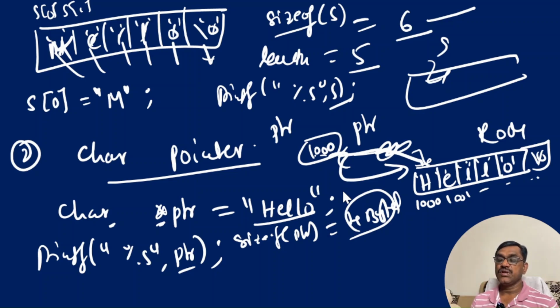That is very, very important. But when you use the character array, you can easily modify. Character pointers cannot be modified. Once it is defined, that's all. It is stored in the read-only memory and it cannot be updated. Carefully observe this. This is the main difference between the character array and character pointer.